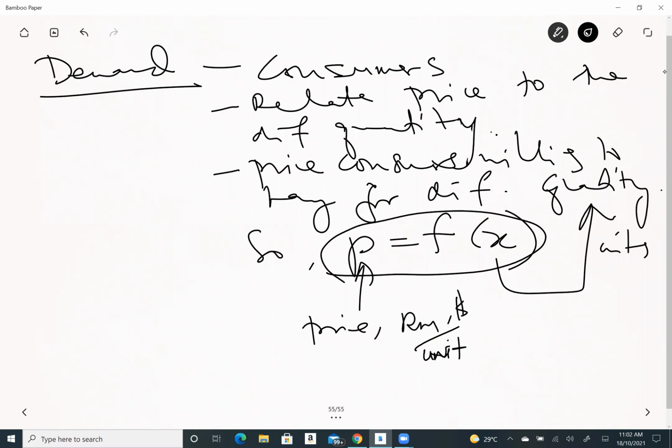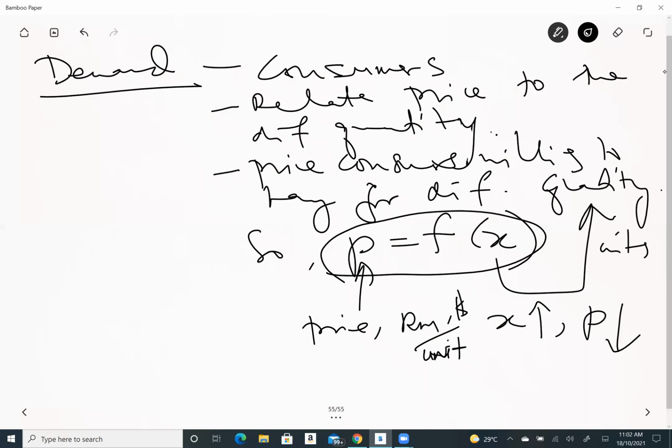It decreases. If there is so much quantity, you don't even want to eat it anymore. That means you are not willing to pay a high price anymore, so the price will go down. So for demand, if X is too much, then you are willing to pay a low price.